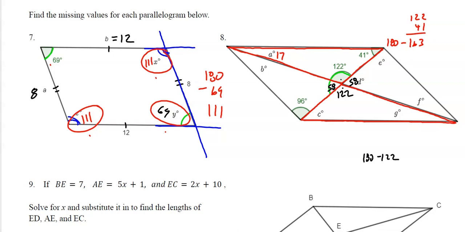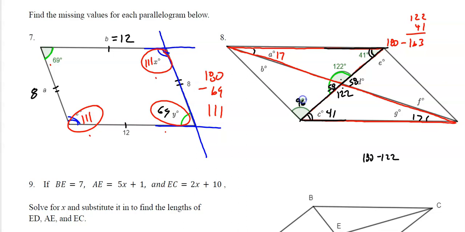And this kind of goes back to chapter 3. But when you have parallel lines like here and here, and they form this Z, these angles in this Z have to be equal to each other. So this is my 41. This would be my 17. Notice that this piece over here equals that piece down there. And then we have the same thing going on with these other 2 triangles.